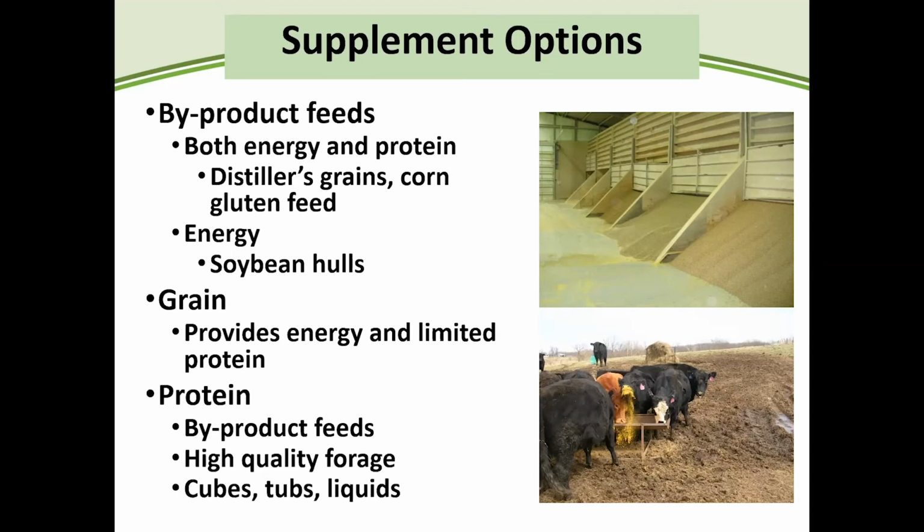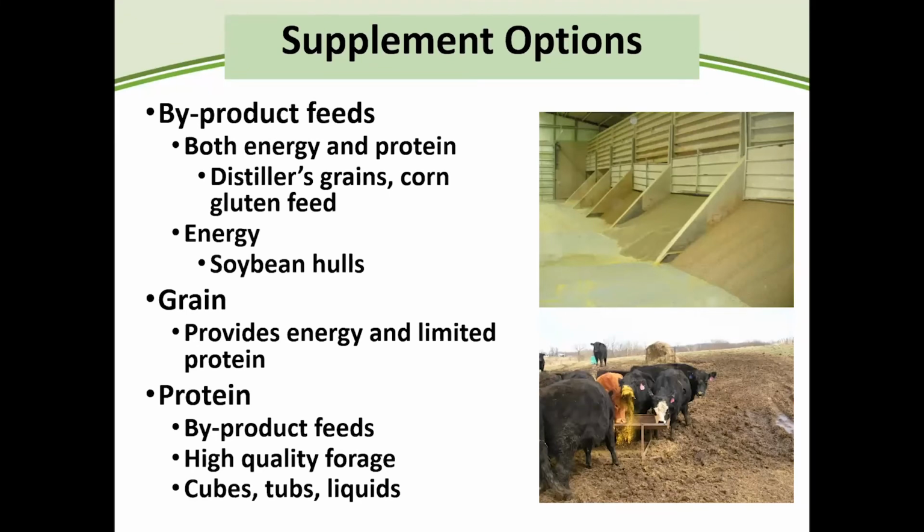So not only do we need to understand and take into account the forage quality that we're dealing with when we're putting together these supplementation packages, we need to understand what supplemental feeds we have available, what the cost of those feeds are, and then from the producer standpoint, we need to understand what kind of a supplement can he handle.